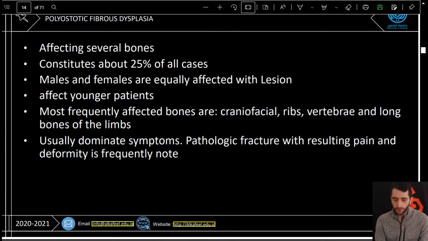At first, it's affecting 25% of the human ratio of all cases to 20%. Number two, I'll say that polyostotic fibrous dysplasia affected many women, resembling developmental granuloma type of fibrous lesion.